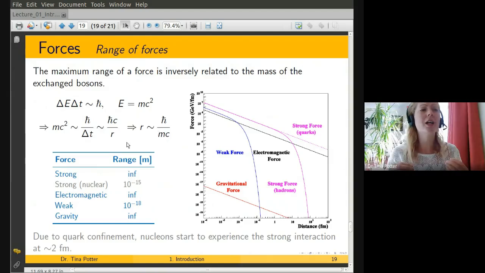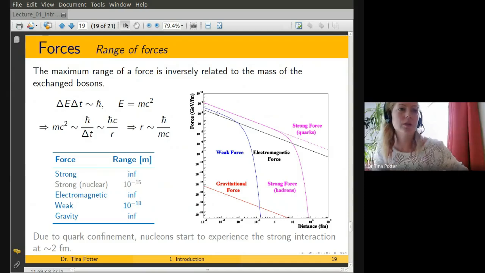So for the strong, electromagnetic and gravitational forces, those are massless bosons that are being exchanged, so their range is infinite. So let's have a look at the strong force up here. Its range is infinite, and we have a 1 over r distribution here.